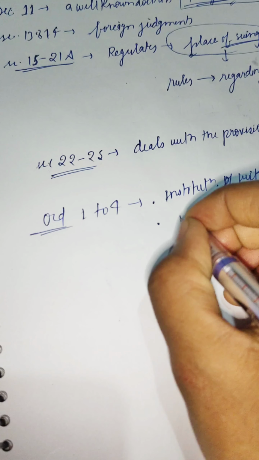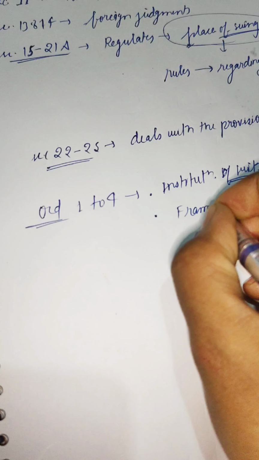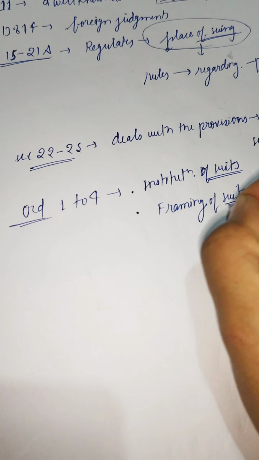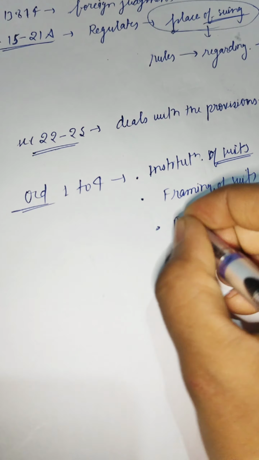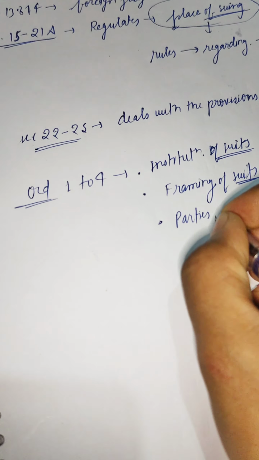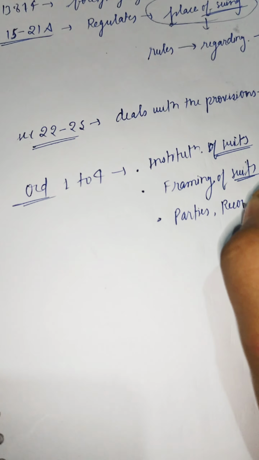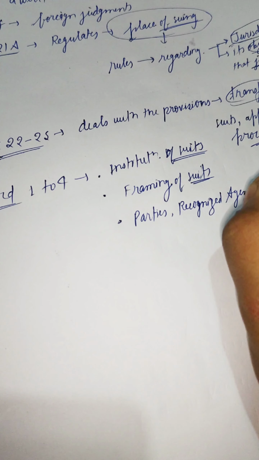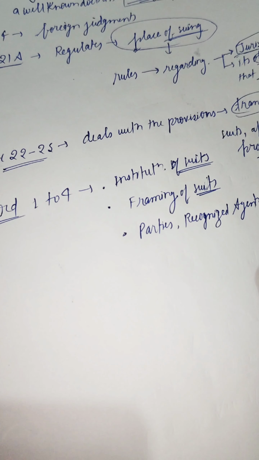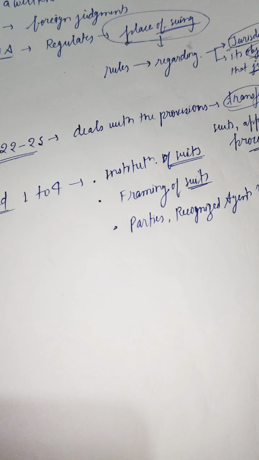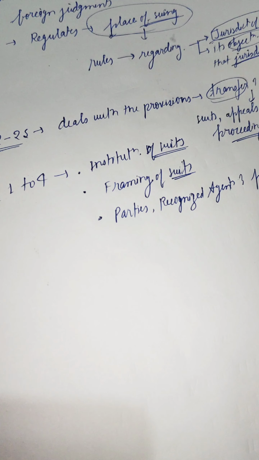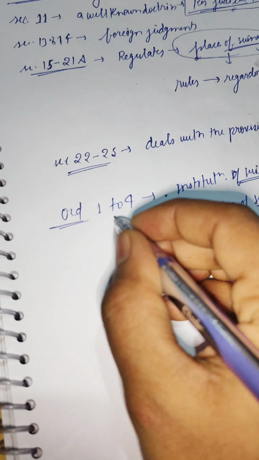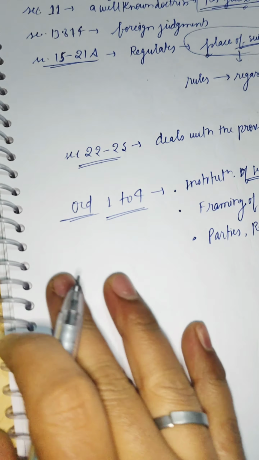Okay, framing of suits, how suits are framed, parties, recognized agents, and pleaders to the suit. We will discuss all of this from order 1 to 4.